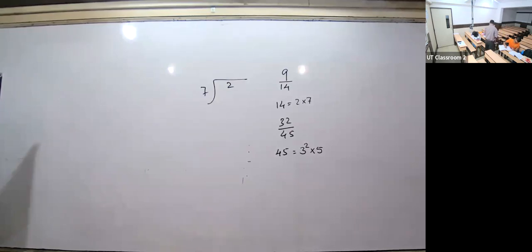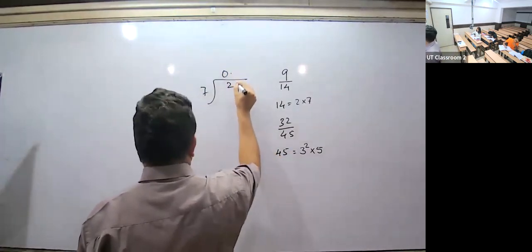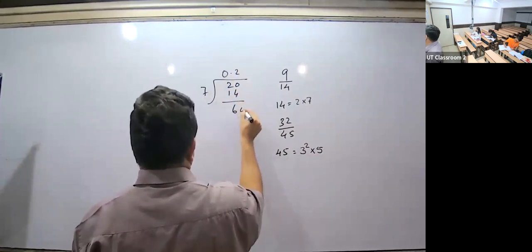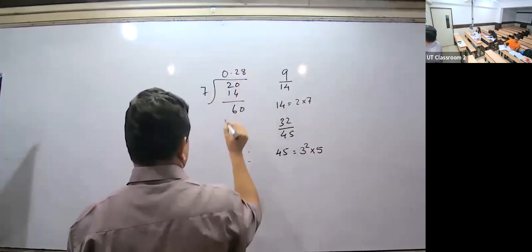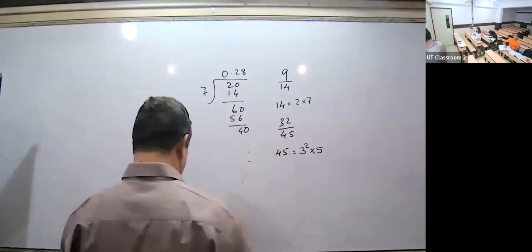Division, stop. 20 minus 14 is 6. So that was wrong. 0.2. 2 sevens are 14, 60, 8 sevens are 56, 0.285.